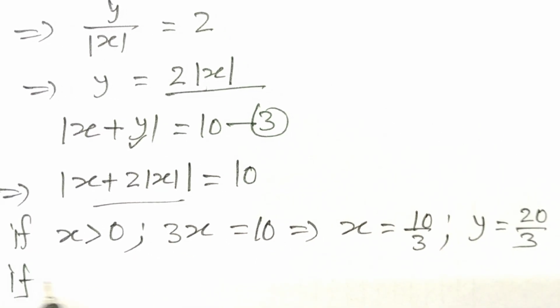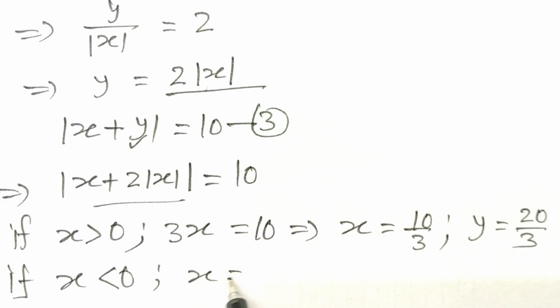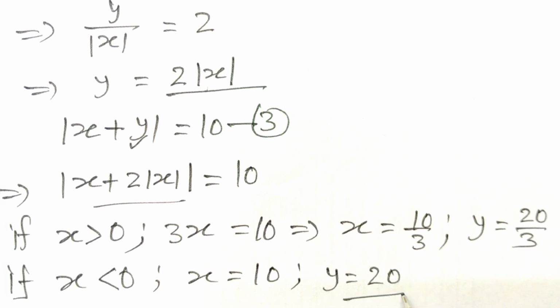If x is less than 0, so x will be 10 and y will be 20, right?